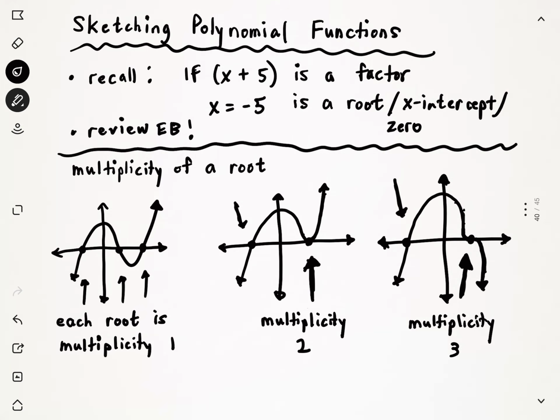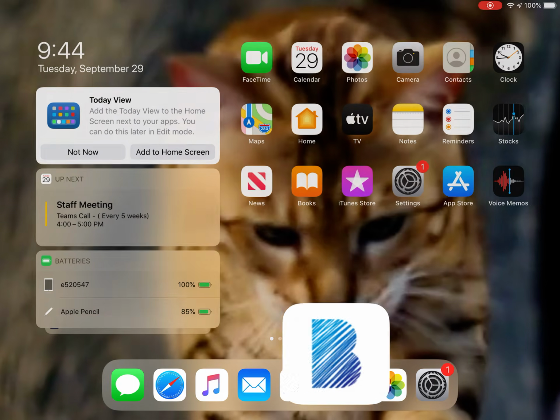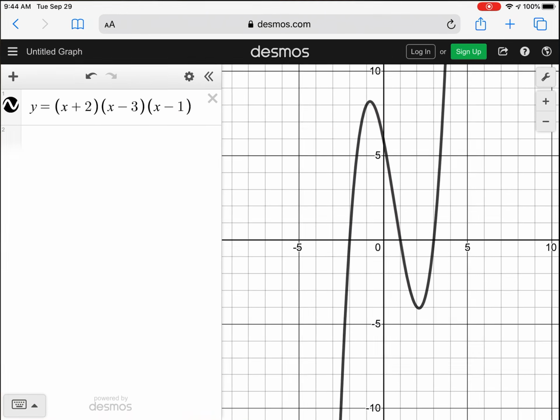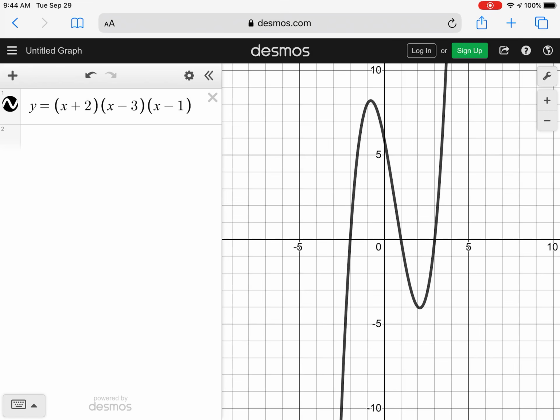Okay, so you've seen visually what these types of intercepts do. Now we're going to take a look at Desmos and look at an equation and then look at its corresponding x-intercepts. So what I have right here, notice I have a polynomial on the left side here in the equation bar. I have a polynomial that is in factored form.